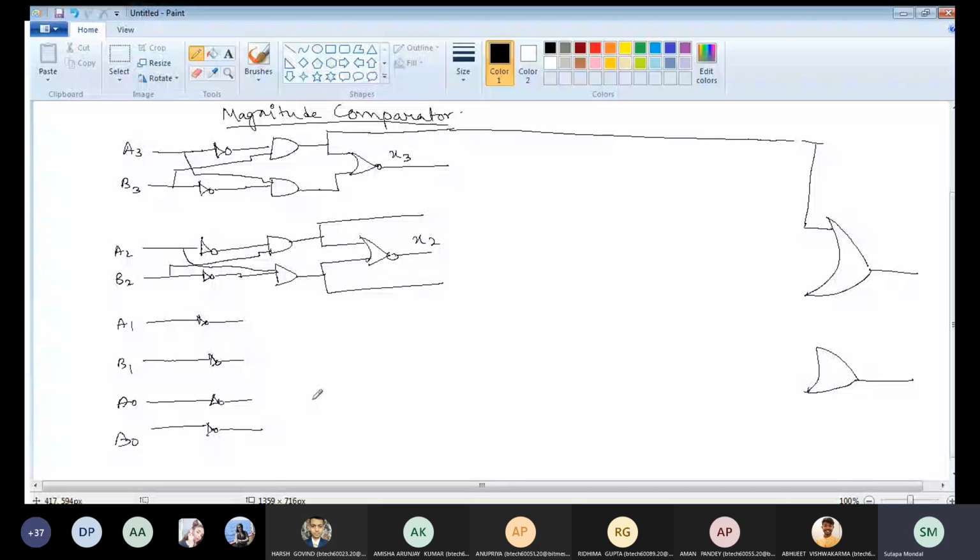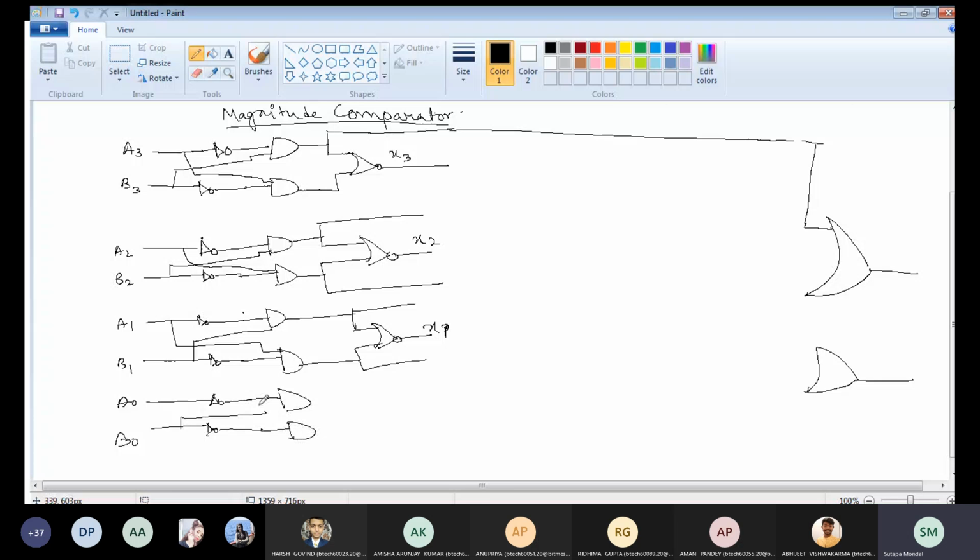For example, we are making at first X3, X2, then X1, X0. So all the equations you are having, no dear? Yes, ma'am. So this is X1, and here it will be for X0. It is very lengthy, but we have to study this one, so I have to draw it for you all.